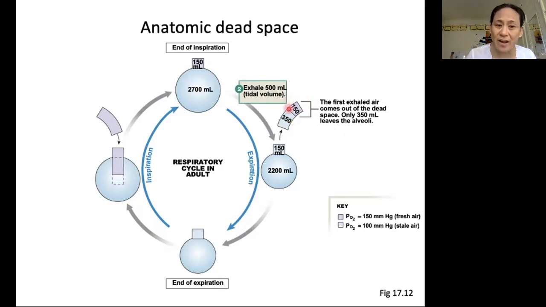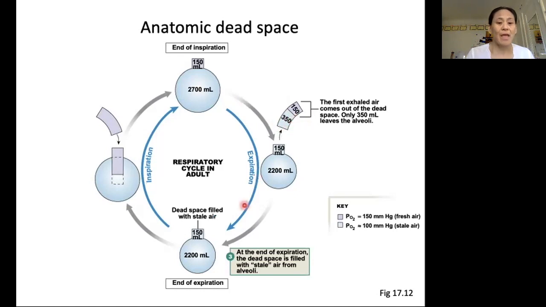So this is fresh air that we were not able to utilize, and we're just breathing it out of our airways. Then we have 350 milliliters that came from our lungs that was able to participate in gas exchange, and that is being breathed out. So of the 500 milliliters that we breathe out, only 350 milliliters of it was air that participated in gas exchange.